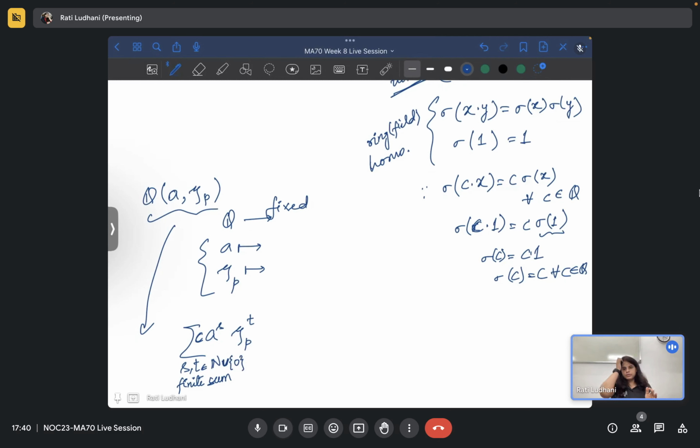So any element will look like a linear combination of powers of A and zeta P. S could be 0, then it will just become a power of zeta P, with some coefficient from Q.